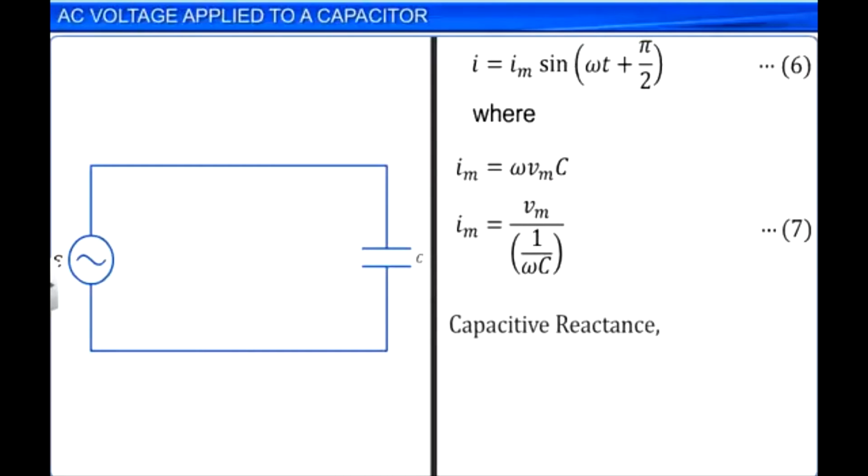Hence, capacitive reactance is the inverse of the product of angular frequency, omega, and capacitance, C. Let this be equation 8. From equations 7 and 8, we get the amplitude of the current, Im, as the amplitude of the voltage, Vm, divided by the capacitive reactance, Xc.